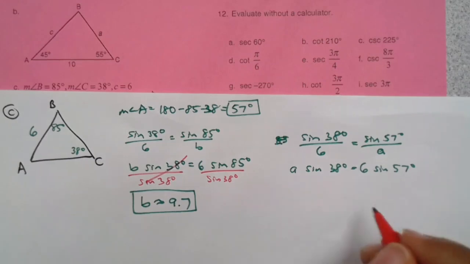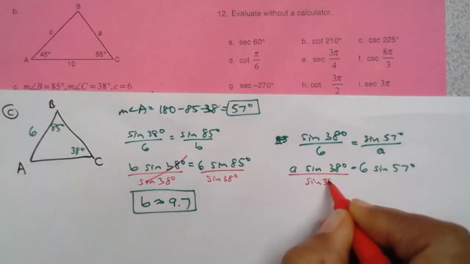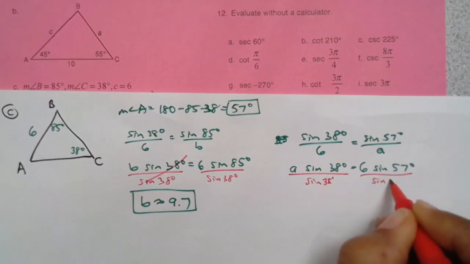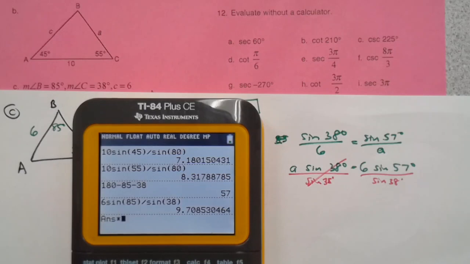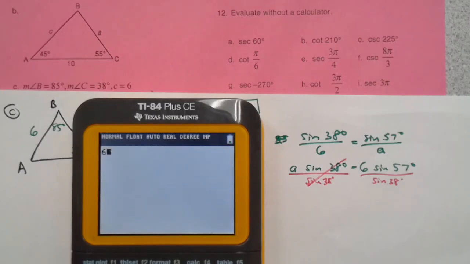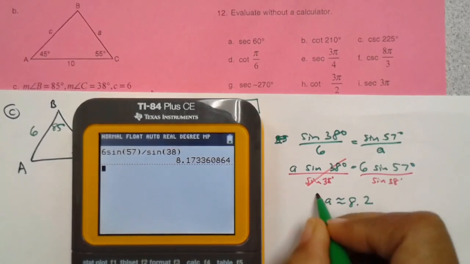To get rid of the sine of 38 degrees, I'm going to divide by sine of 38, and then we're plugging that into the calculator. So we have 6 sine of 57 divided by sine of 38, and that gets us a value that's approximately 8.2.